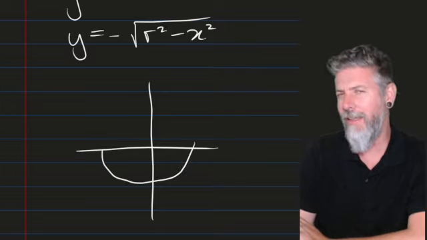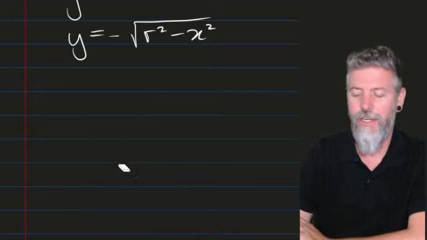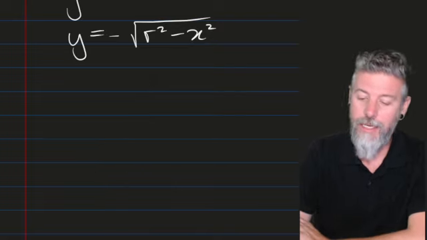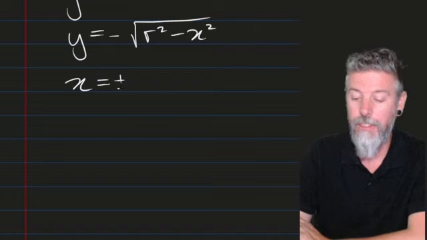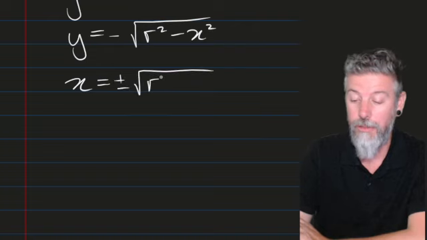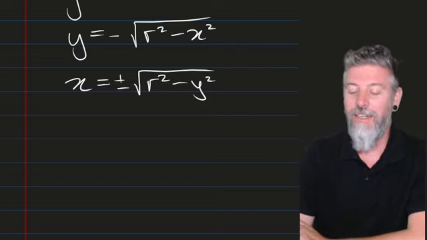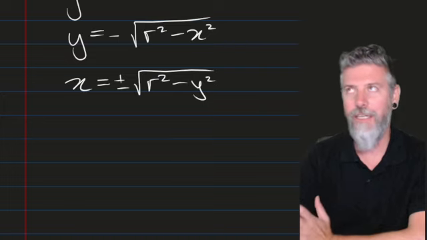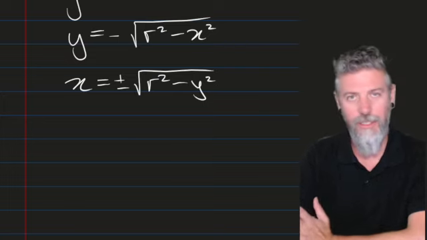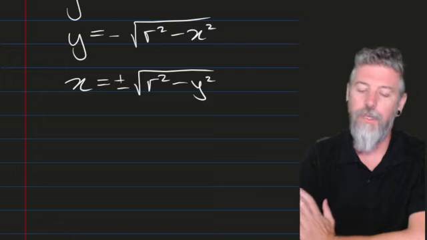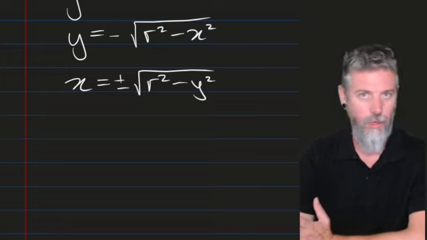So how do we get the left-hand side or the right-hand side? We do that by making x the subject. And you could imagine that if I had made x the subject earlier, it's exactly the same as if we made y the subject. We would have ended up with this, and then we've got this plus or minus. Now, sometimes students mess this up and they're like, is it the left-hand side of the semicircle or the right-hand side of the semicircle? So you have to think to yourself, well, what are we talking about here?